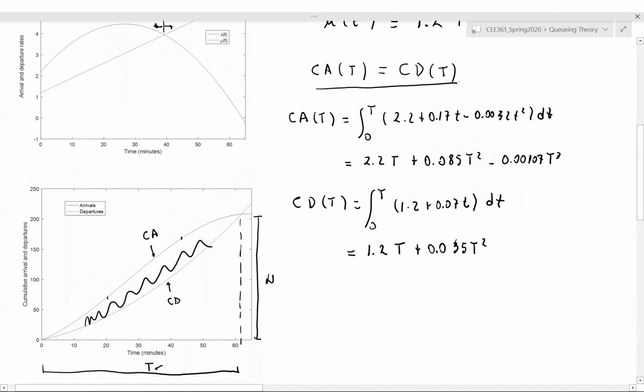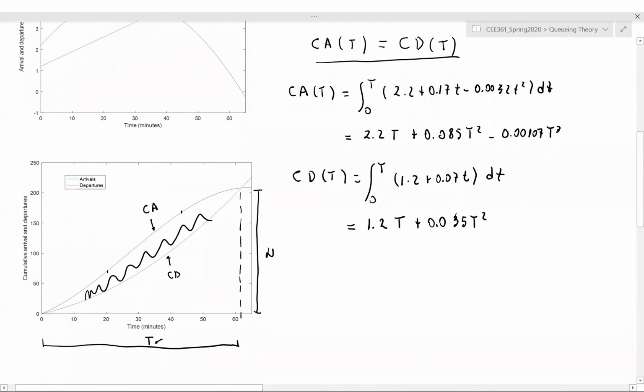So if we make these two things equal, and I'm going to save the time, I'm not going to write it all out, I get the following expression. If I make this equal to this other one, I get a cubic expression: 0.00107 t cubed minus 0.05 t squared minus t equals 0.